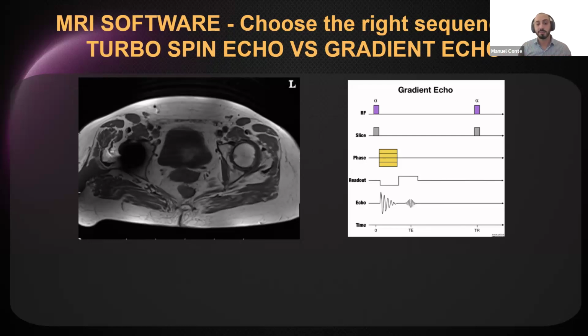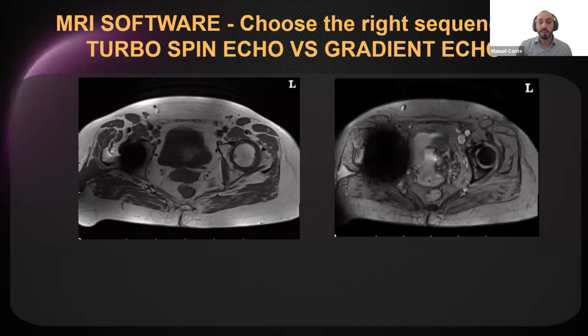And this T2 star is more pronounced in the gradient echo. That's why it's also called T2 star. As you can see in the diagram, there is no refocusing pulse, but the echo is still produced. There are many types of gradient echo, but in this case, it's caused by the readout gradient used twice with the same intensity but in two different directions, which produces an echo.